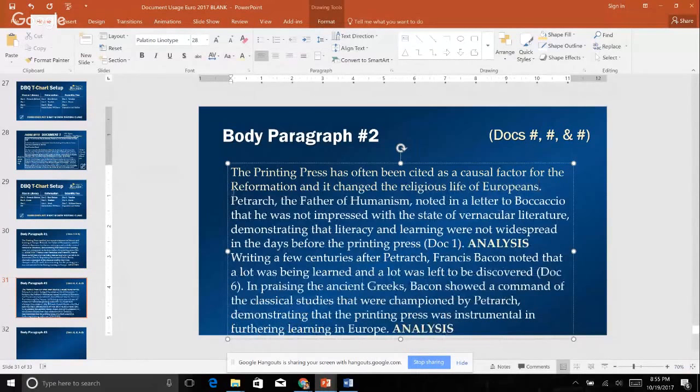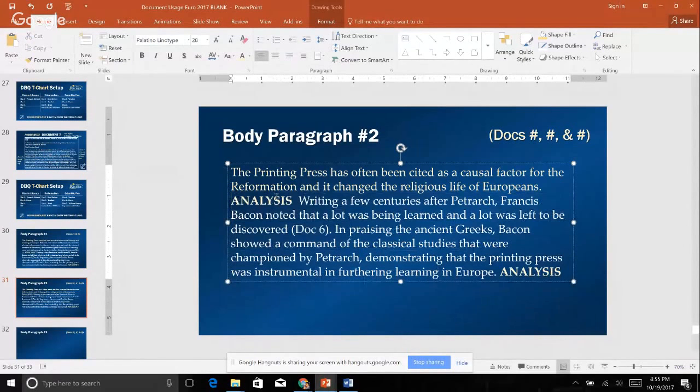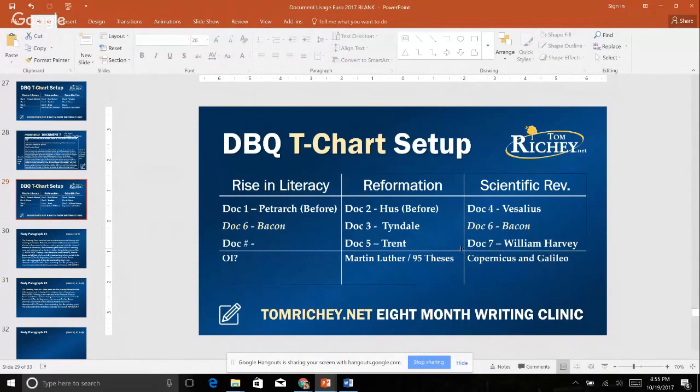So what I would do here is start off with outside information. Actually, you know what? I need to look here, and that's why I've got my T-chart set up. So I've got Martin Luther, the 95 Theses. I've got Jan Hus, Tyndale, and then Trent.